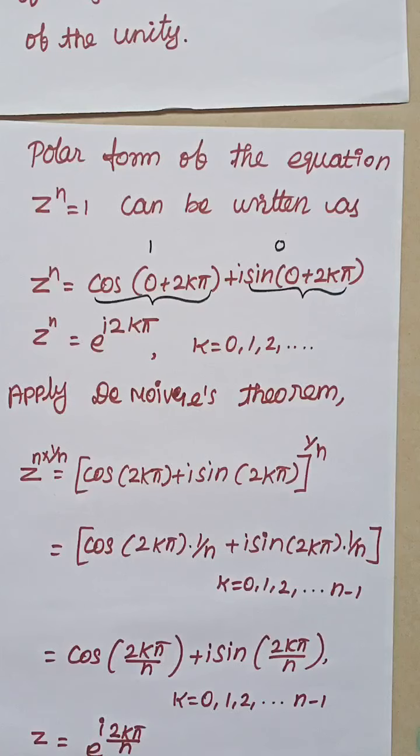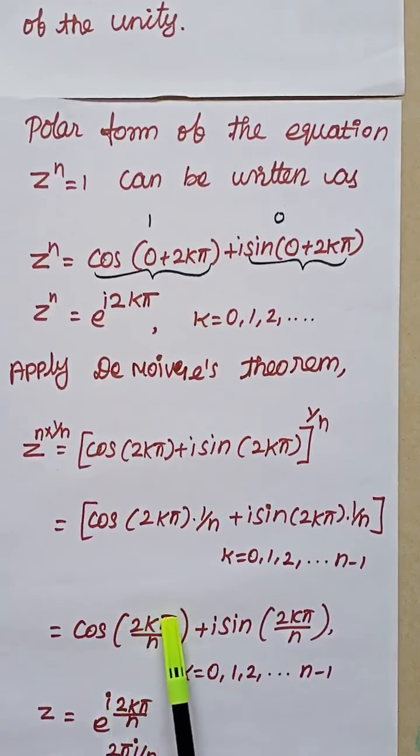Which is equal to cos of 2k pi by n plus i sin 2k pi by n, where k varies from 0 to n minus 1. And then z is equal to e power i 2k pi by n, which is in the Euler form.